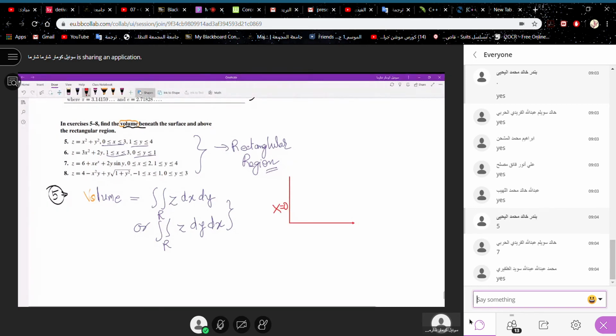And one more line, x equal to 3. And this is y equal to 1, and this is y equal to 4. So this is the region.